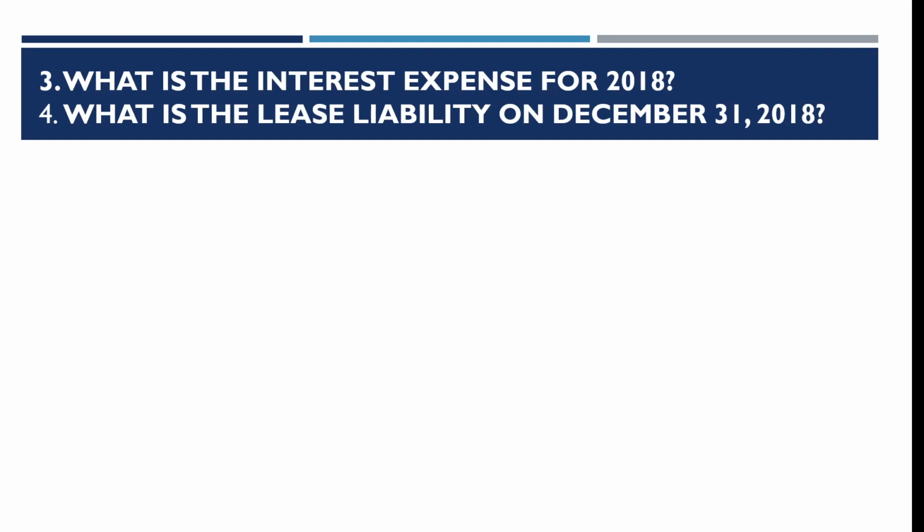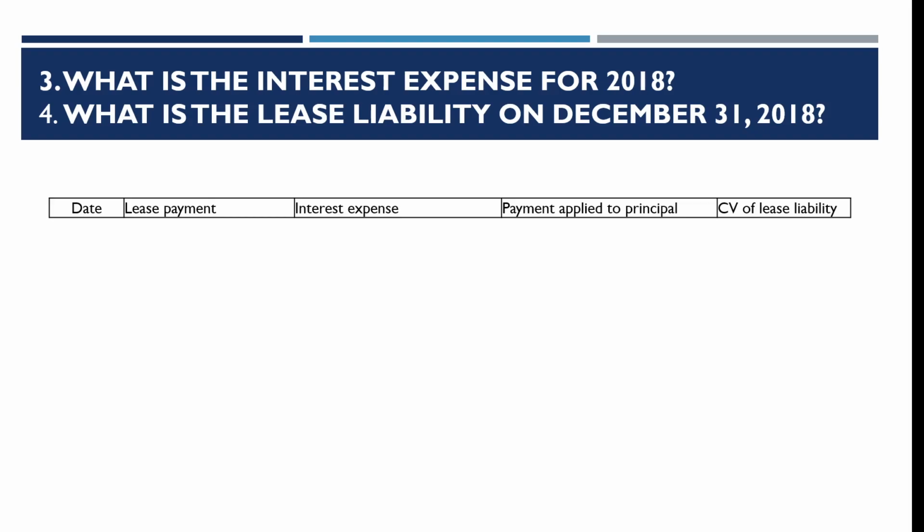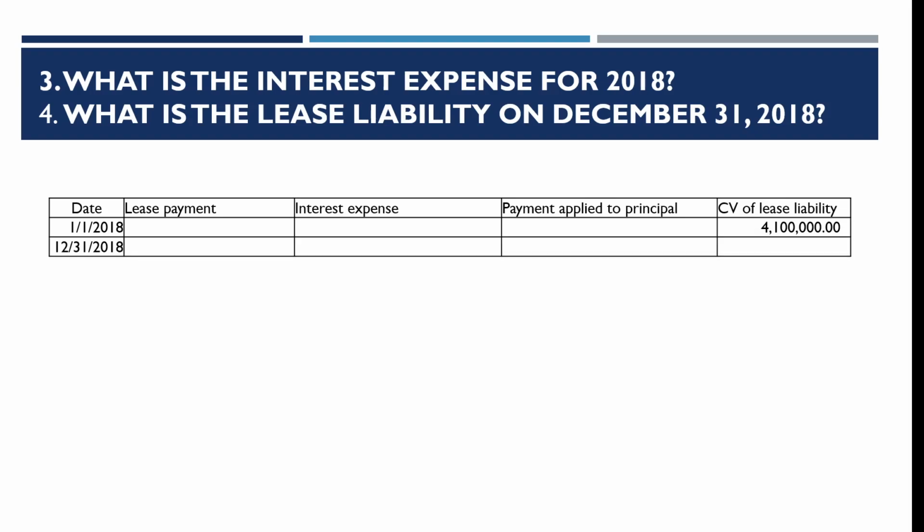Pinagsama ko na yung number 3 and number 4 since nasa amortization schedule natin makukuha yung sagot. Ready? So, ganun ulit ang mga components ng amortization schedule natin. As of commencement date, how much is the carrying value of the lease liability? 4.1 million. On December 31, 2018, how much is your interest expense?